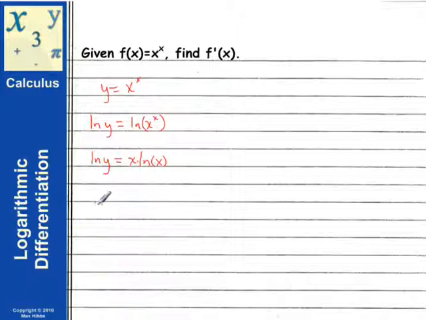Now the next step is to take the derivative of both sides. So we take the derivative of the left side, derivative of natural log of y, and of course that's equal to the derivative of the right side, and the right side is x times natural log of x.